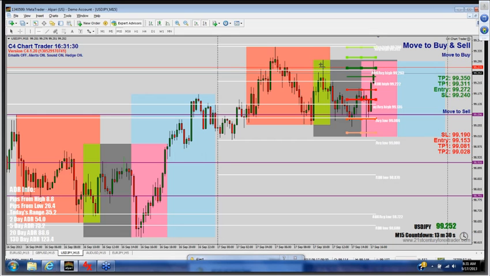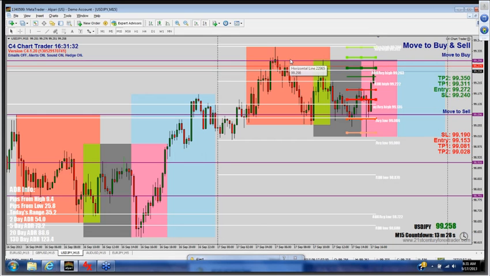And then up here, this 99.30 area has been respected a couple of times now for reversals. So if we really wanted to compress this channel down, we'd look at sells off of this top and buys off of this bottom that's been established for the day.